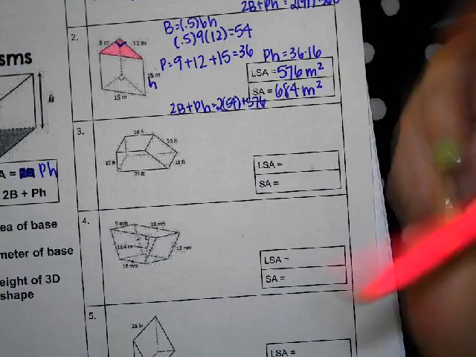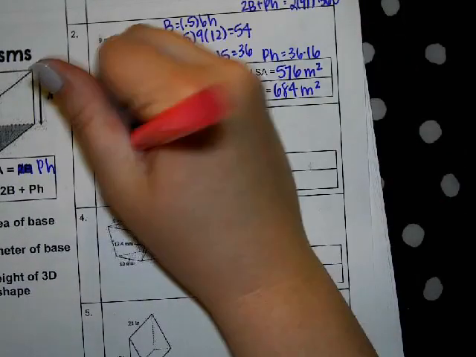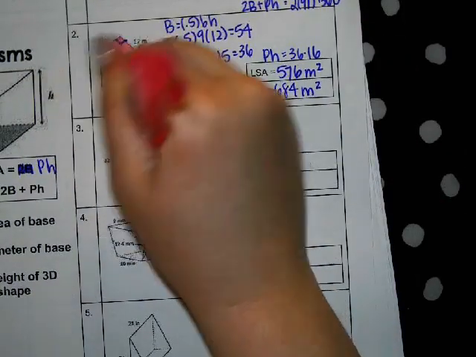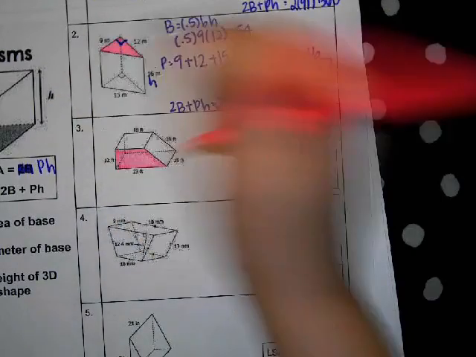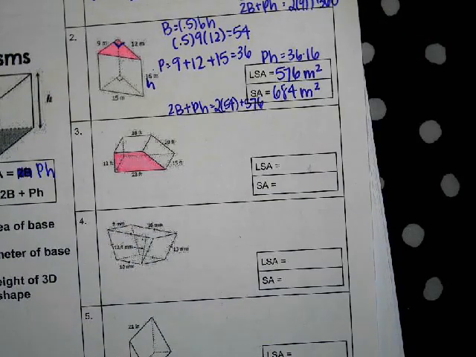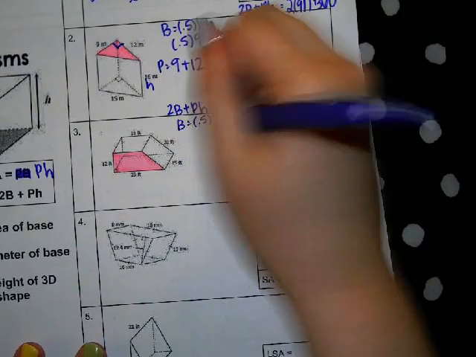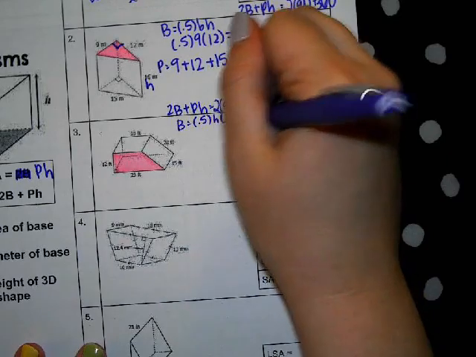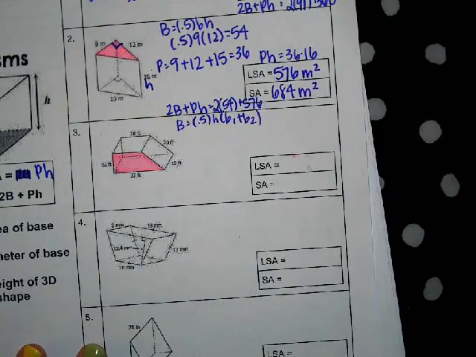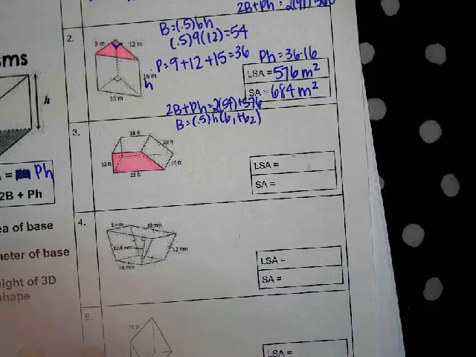So here is my shape. This shape is a trapezoid. So that means I'm going to use the formula to find the area of a trapezoid. That's half times height times base 1 plus base 2. My height is always with my right angle.